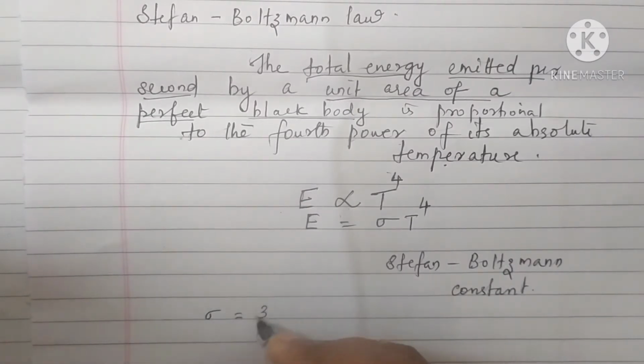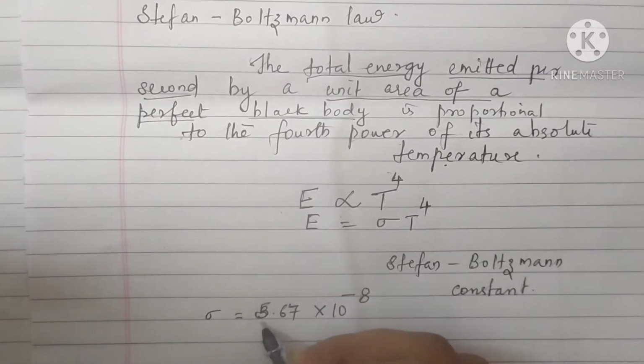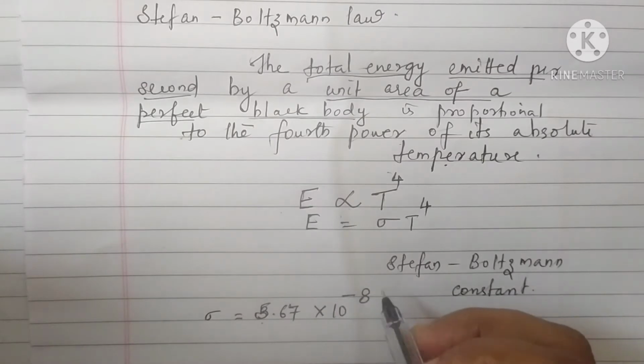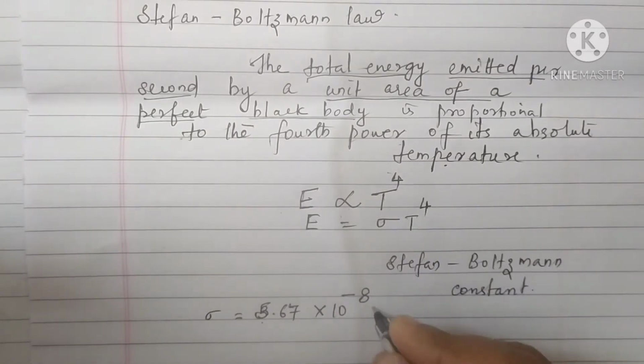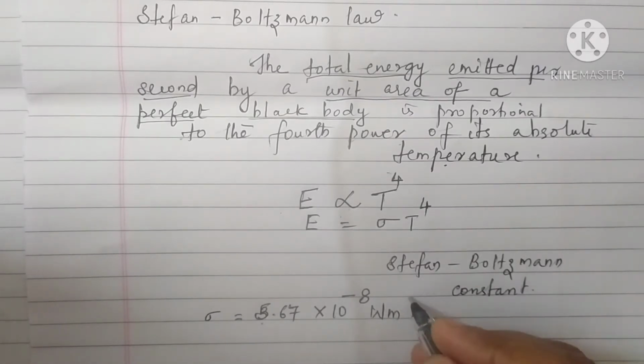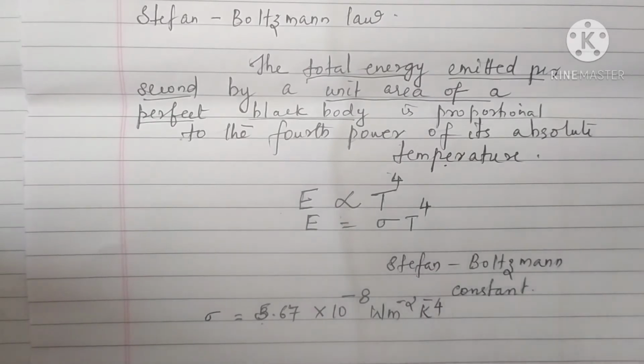The value is 5.67 into 10 raised to minus 8. That is the value for the Stefan Boltzmann constant. So that's all about the Stefan Boltzmann law.